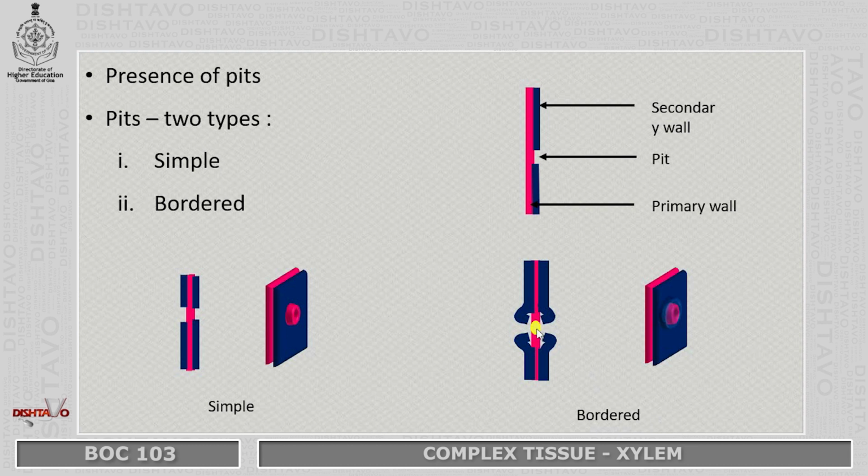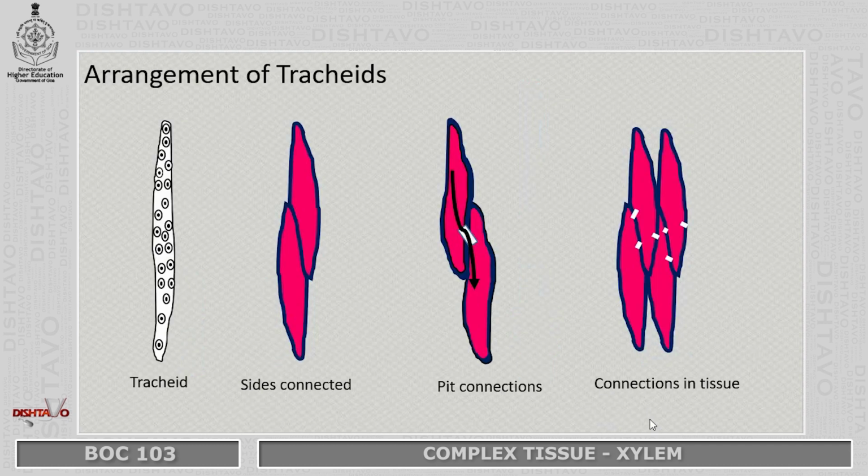The primary wall will show a thickening at the center, referred to as the torus, which is present in the bordered pits. The tracheids are arranged connecting their sides, wherein there is presence of the pits. The pits help in transfer of materials from one cell to the other.